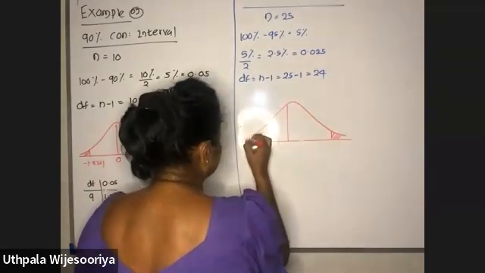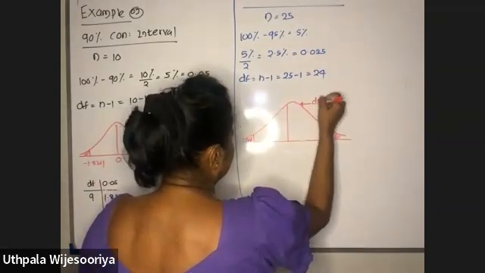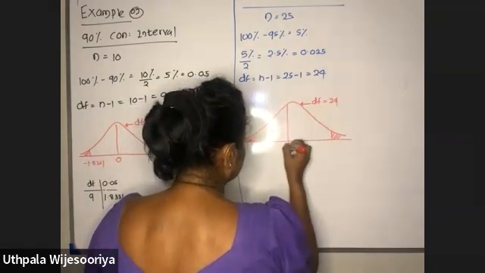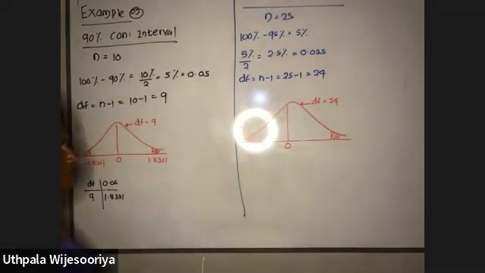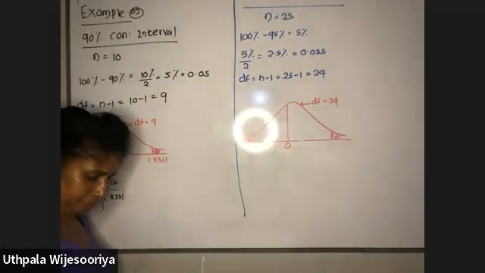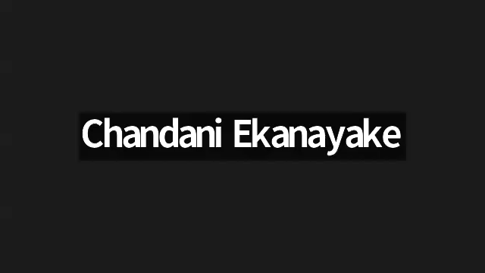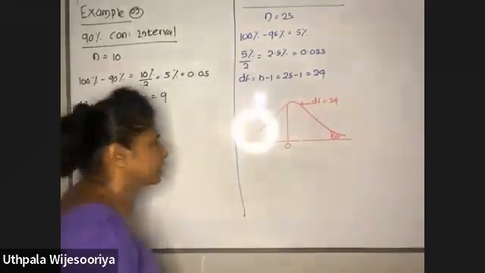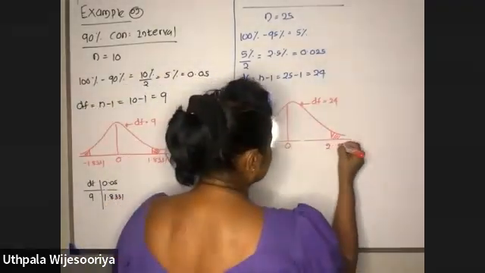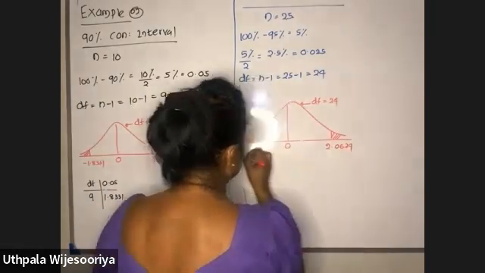Degree of freedom 24, 0.025. The value is 2.0639, that's correct.